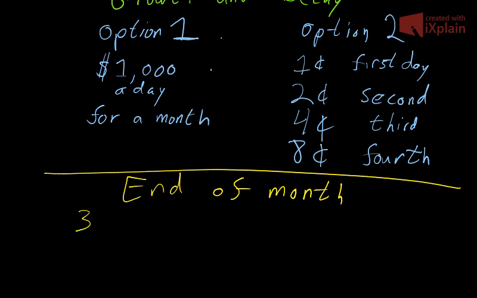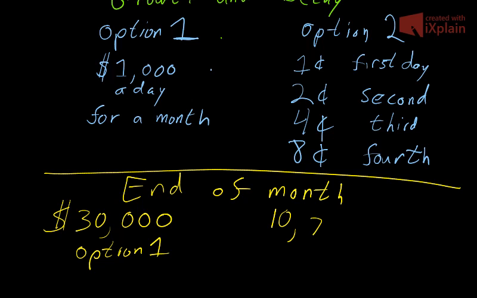That would be $30,000 for option one. Option two, you would not end up with $30,000. Instead, I believe you would end up with $10,737,418. That's option two.